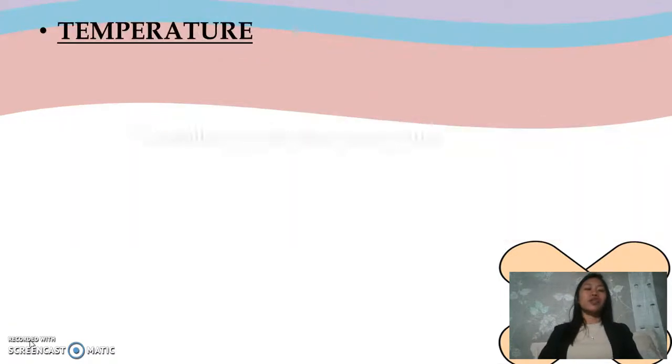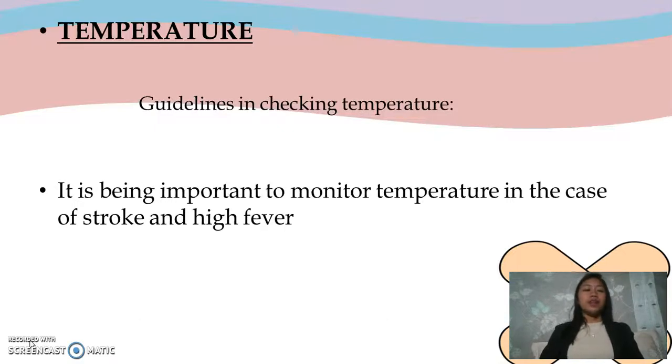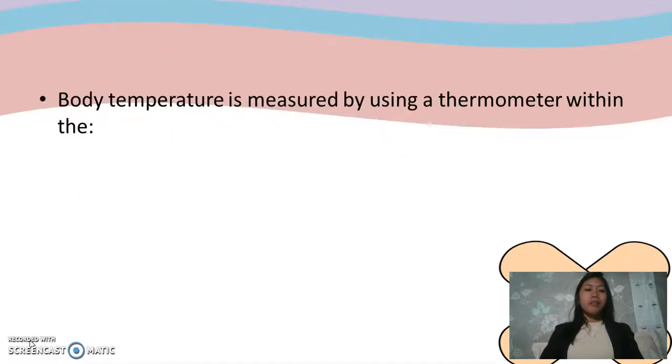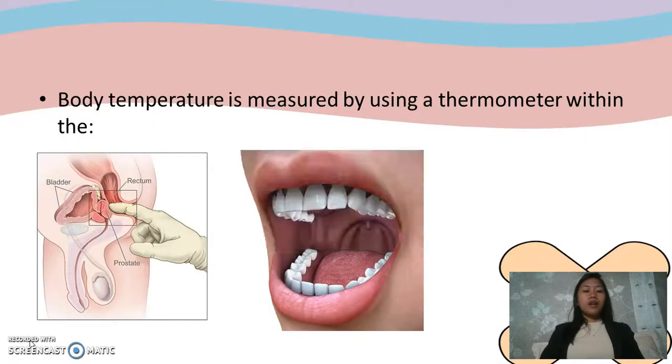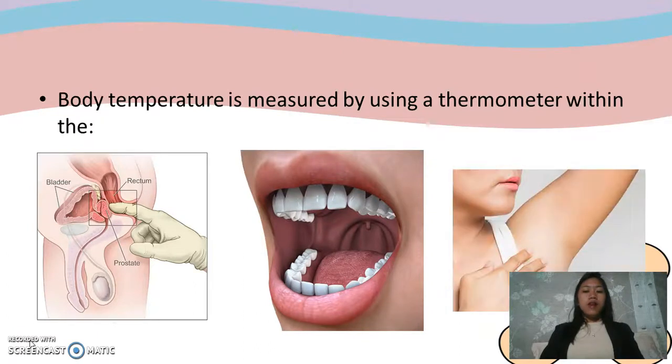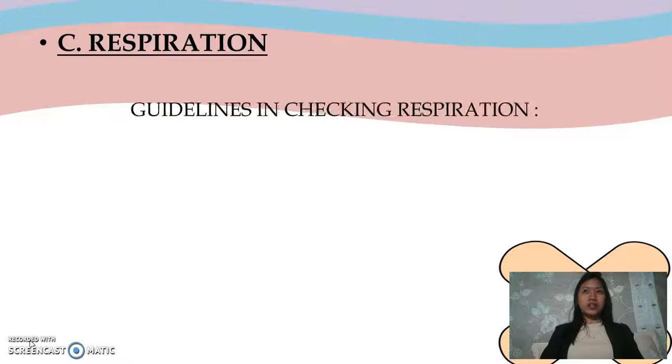Next, the temperature. Guidelines in checking temperature. It is important to monitor temperature in the case of stroke and high fever. Body temperature is measured by using a thermometer within the rectum, oral, and the axillary or armpit. Next, respiration.